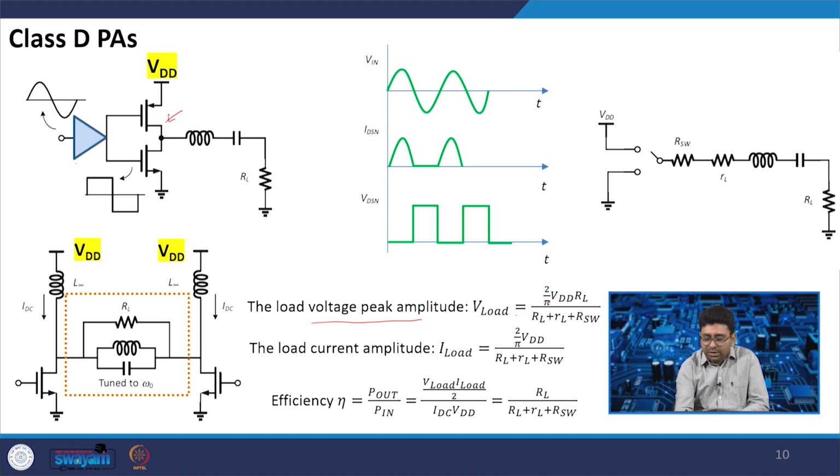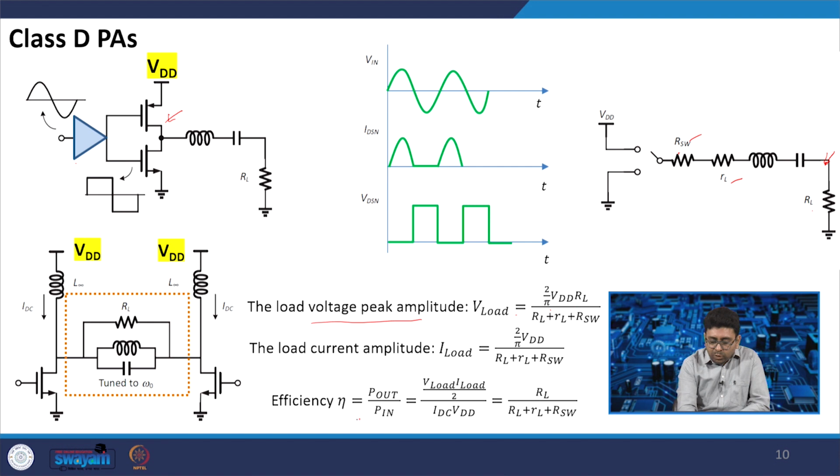So V load is 2 by pi VDD times RL divided by the total resistance. Using the voltage division rule, RL divided by RL plus R switch plus the small rl gives the load voltage V load, and the load current I load is 2 by pi VDD divided by the total resistance, R switch plus small rl plus RL.